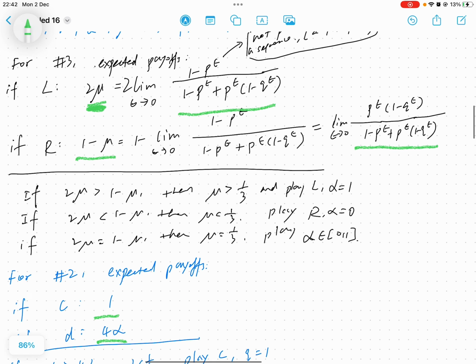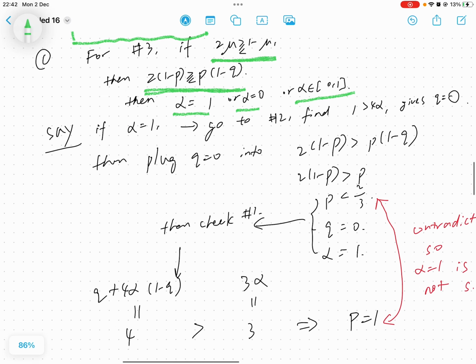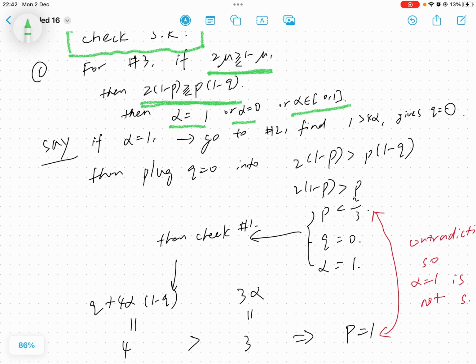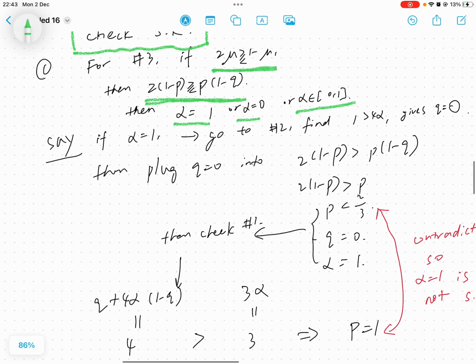If we have those relationships, then alpha could be either 1 or 0, or alpha is in between 0 and 1. Those all hold simultaneously, so we need to discuss which case is feasible, or which case satisfies all those requirements for sequential rationality.